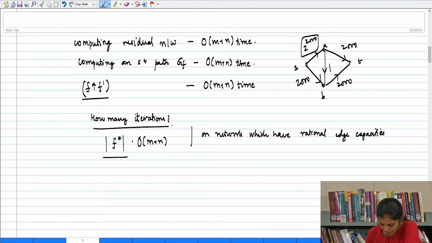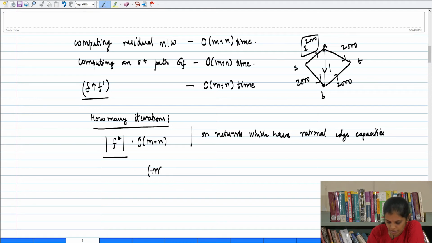So in the coming lectures, tomorrow you are going to see possibly an efficient way to compute max flow in a network, and I would just state it should be only a function of m and n.